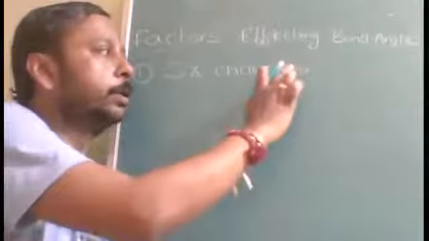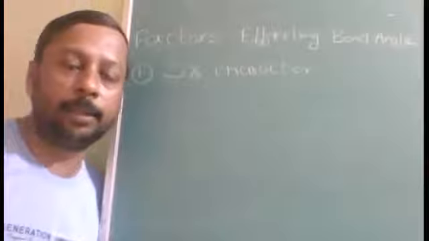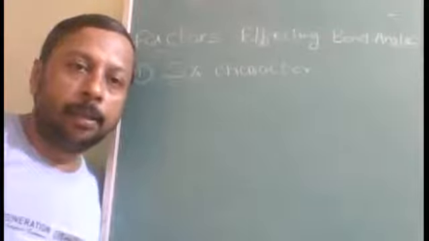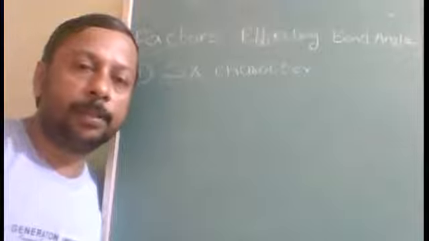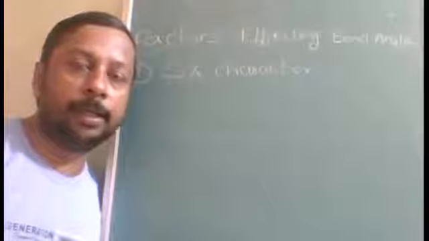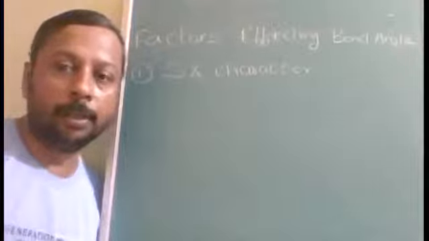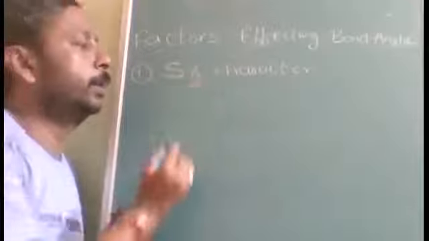Already you must be aware: sp3 is 25%, sp2 is 33.33%, and sp is 50%. Once you are aware of the hybridization, then s percentage character is very easy.